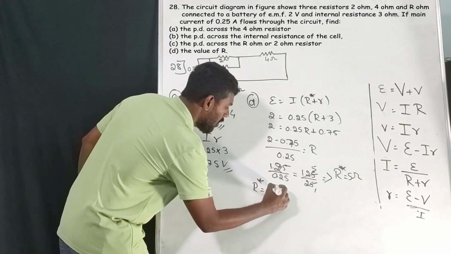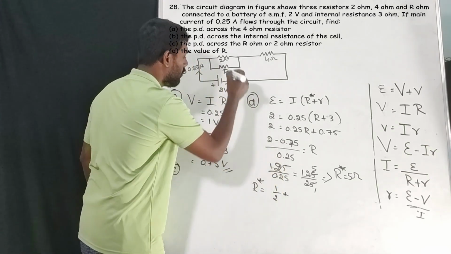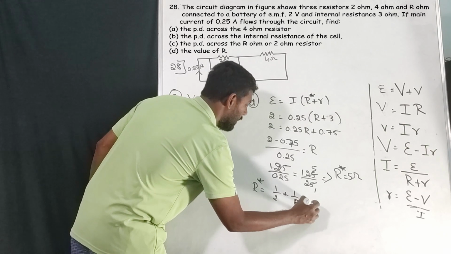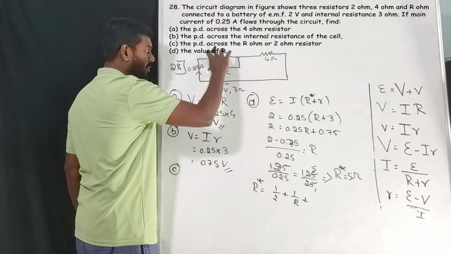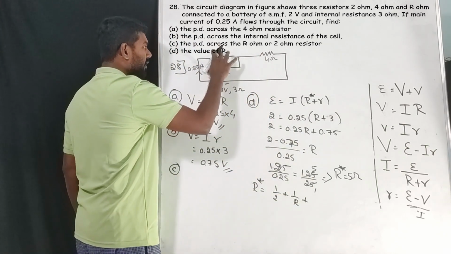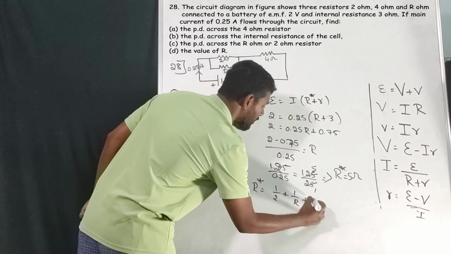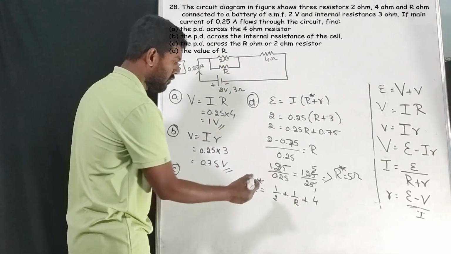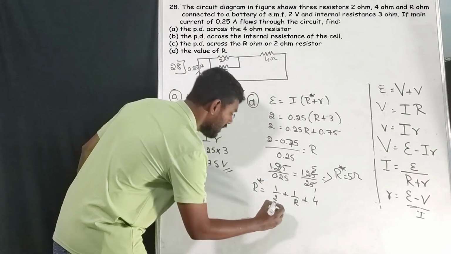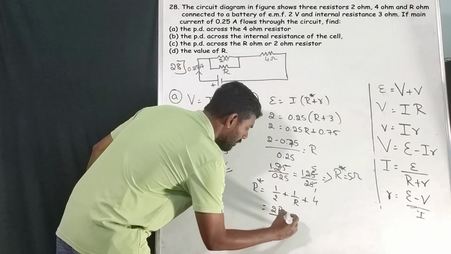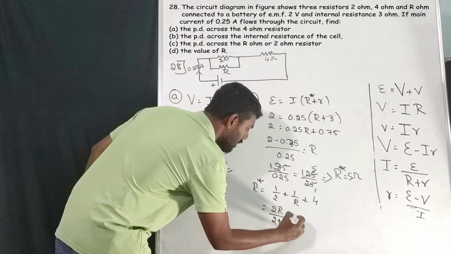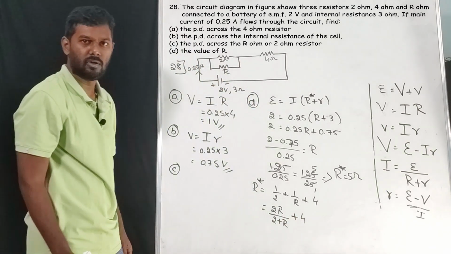So that will be 1 by 2 plus 1 by R, plus this one which is in series. Once we solve these two, we have to add it with this one because this is in series, correct? So that will be 4 ohm resistance. So once we solve this, this will be 2R by (2 plus R), plus 4.